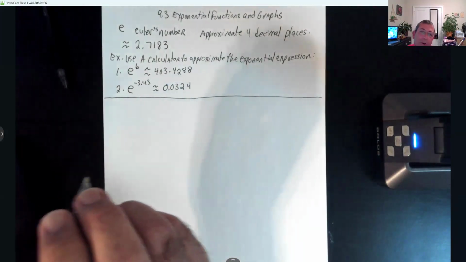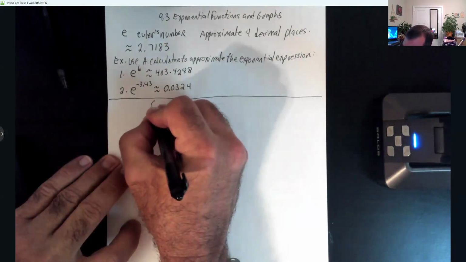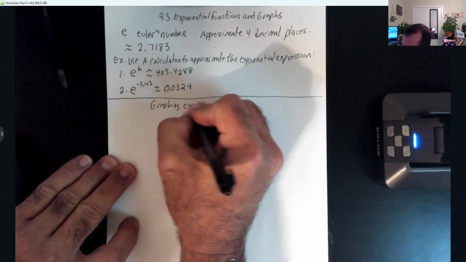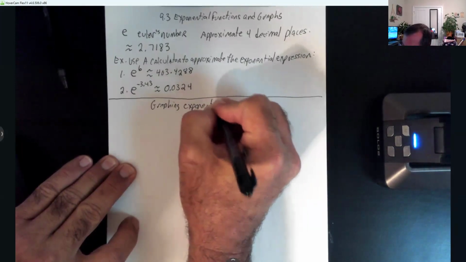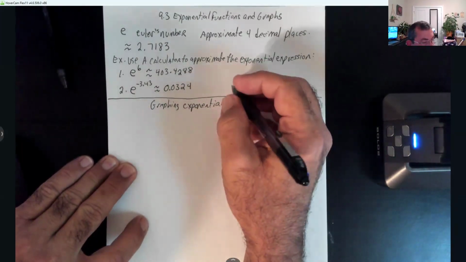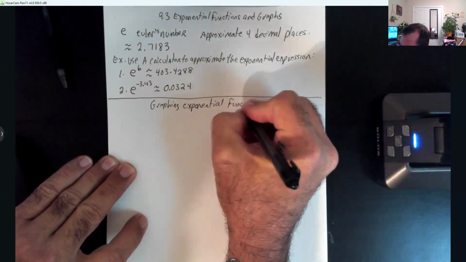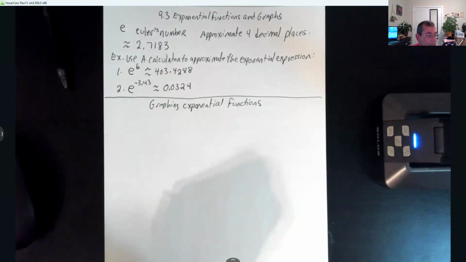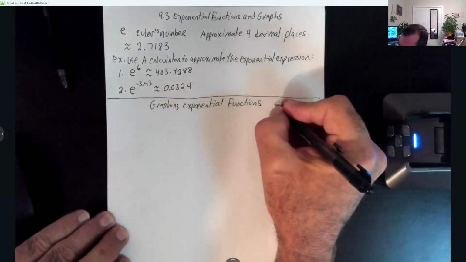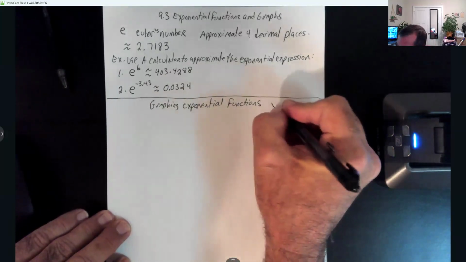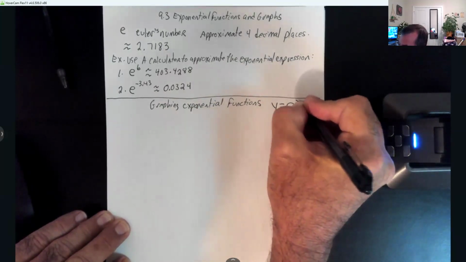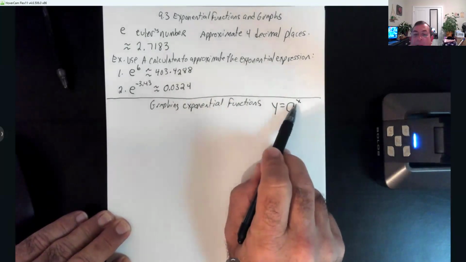All right, so what we want to start looking at is the graphs. So graphing exponential functions. Those are graphs that look like y equals a to the x.